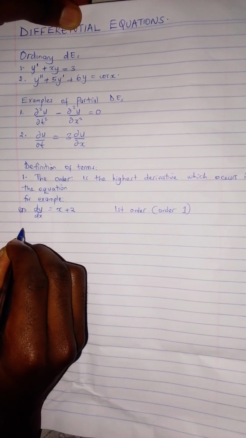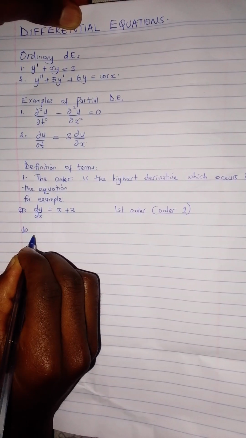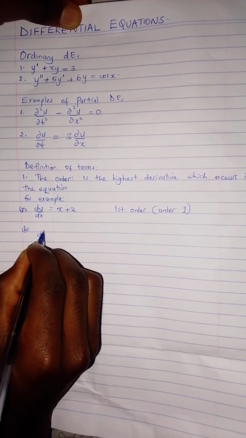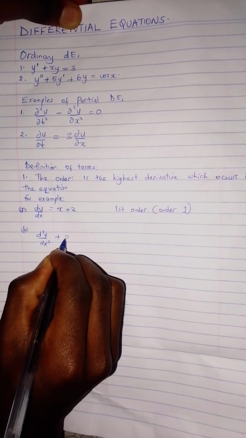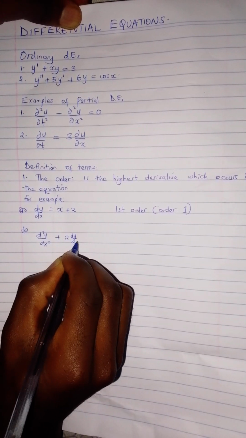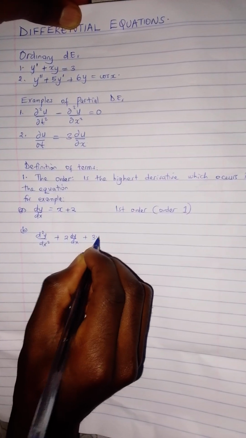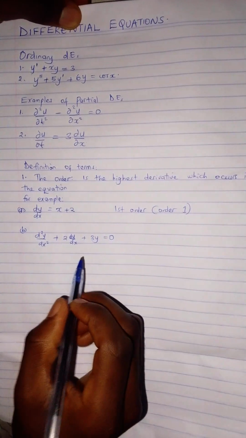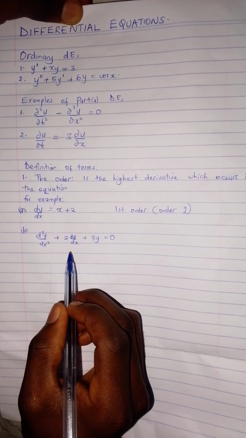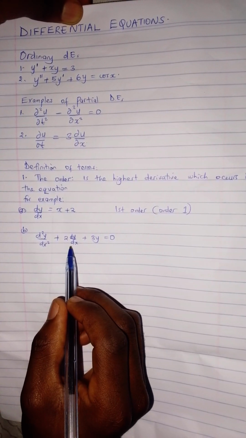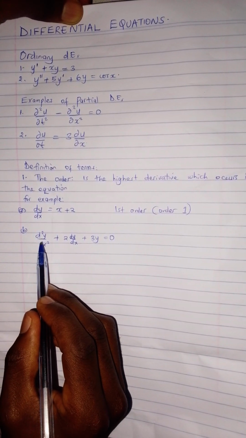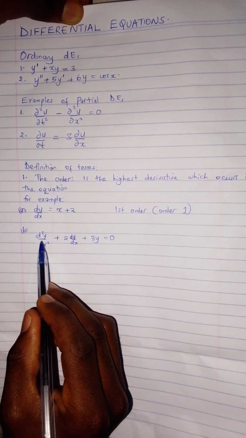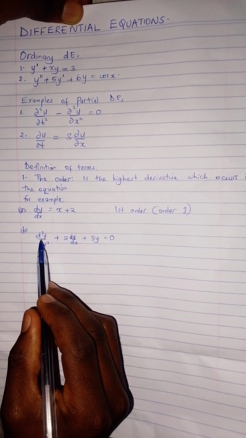That one was A. Then B, we have d squared y dx squared plus 2 dy dx plus 3y equaling 0. Now when you see this ODE, we see that y was differentiated for the second time.